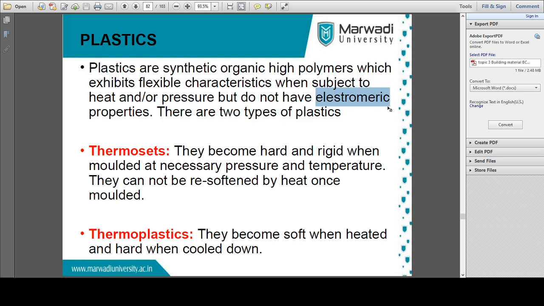Elastomeric means it can be elongated and stretched, right? If you have a rubber band, I'm not talking about the simple rubber we use in an eraser, but a rubber band, we can easily stretch it. That is known as an elastomeric material. Over here plastic is not an elastomeric material, so it cannot be elastomeric.